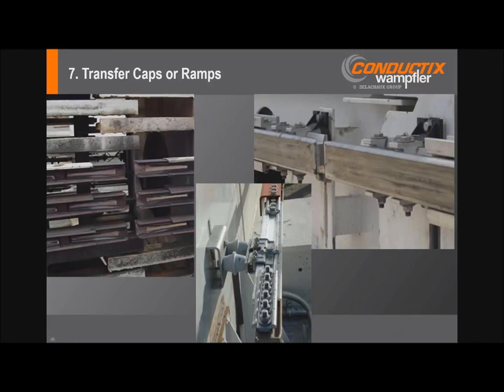So, transfer caps or ramps. This is where probably some of the more complex design coordination and component configuration of all a power rail system occurs. Because essentially what you're doing here is managing a collector across a switch gap. The key here is to ensure minimal collector movement and a smooth, quiet transition of the shoe across the gap.